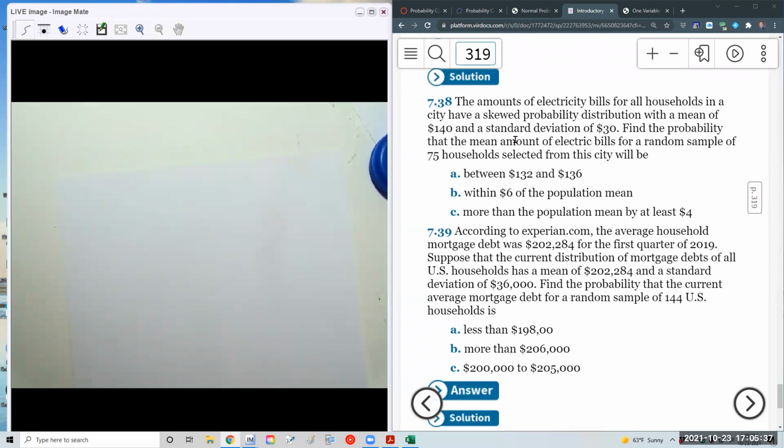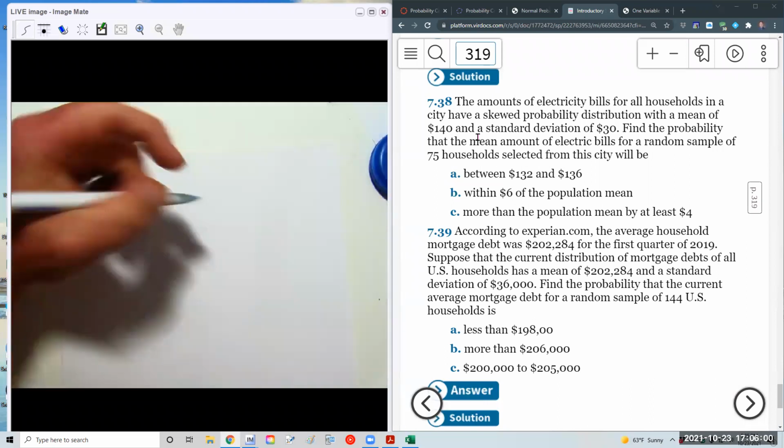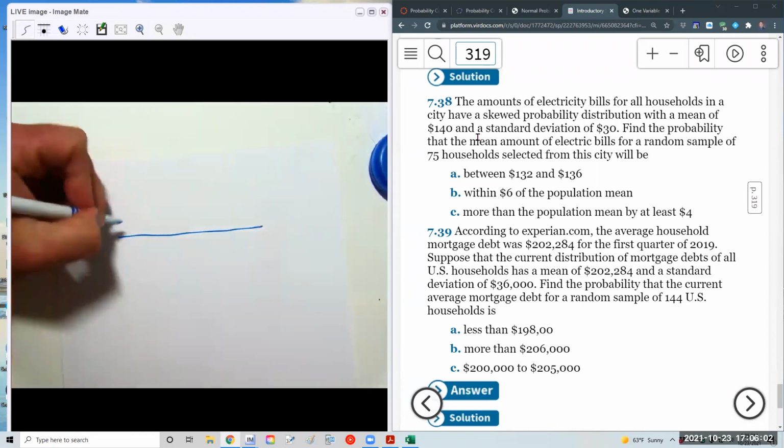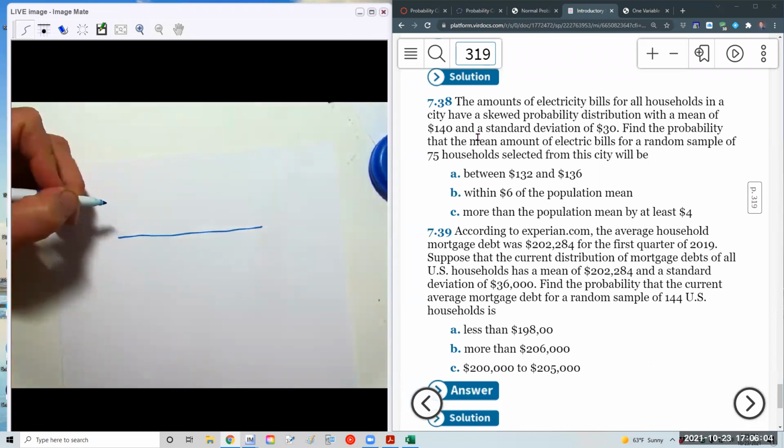The amounts of electricity bills for all households in a city have a skewed probability distribution with a mean of 140 and a standard deviation of 30. When it says it has a skewed probability distribution, if you draw a histogram and then draw a smooth curve over that, it would be skewed.